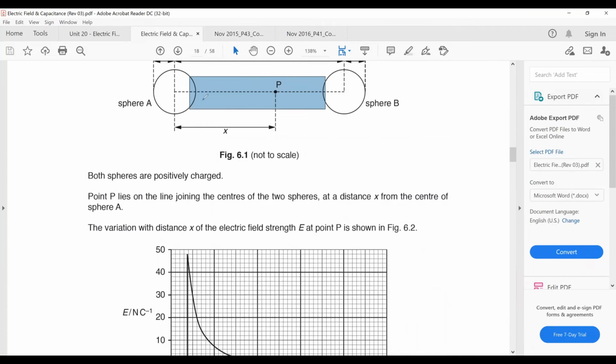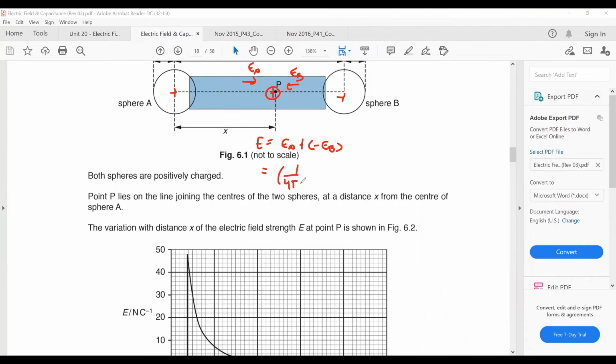So that time I mentioned to you, if I wanted to find the electric field strength at any point here, I put a positive test charge. If this is positive and this is positive, EA is this side, EB is this side, but field strength is going to be EA plus negative EB, negative because it's in the opposite direction.